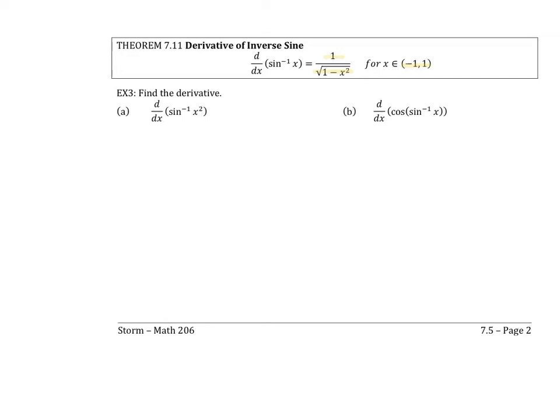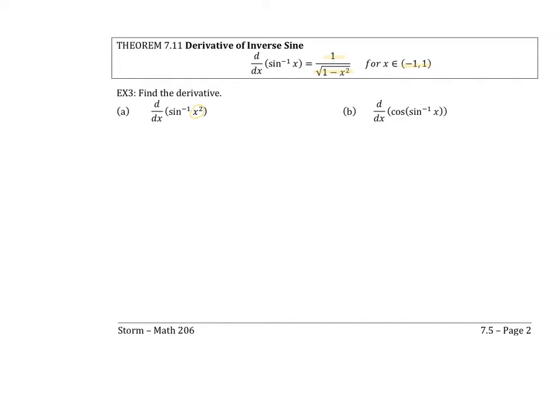So in example 3a, we want to find the derivative of sine inverse of x squared. We do have to be careful because this is not just x, this is x squared. So we're going to have to use the chain rule. So when we use the chain rule, we're going to take the derivative of sine inverse, but remember, instead of having an x, we have an x squared.